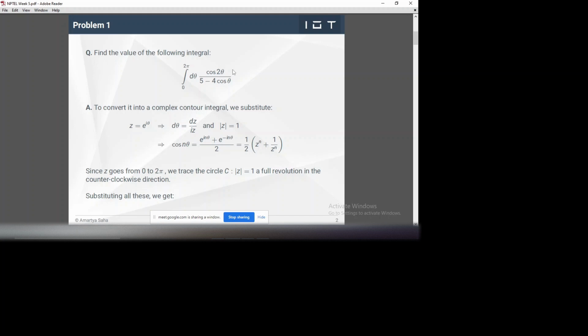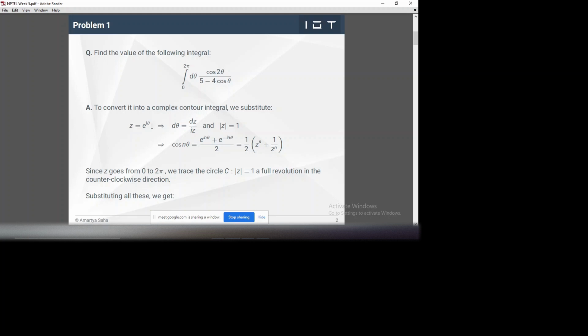To do this, first we substitute z equal to e to the power i theta, where theta runs from 0 to 2 pi. That means, of course, mod z equal to 1.